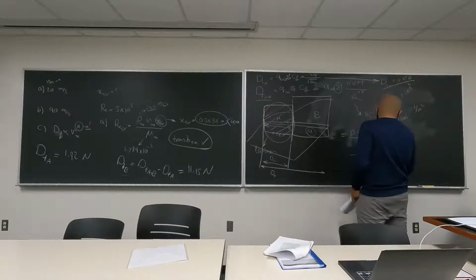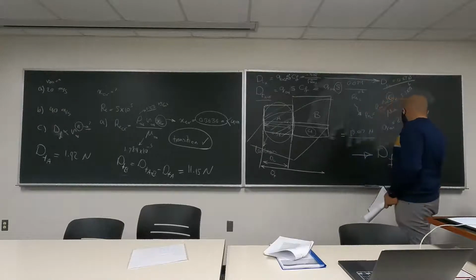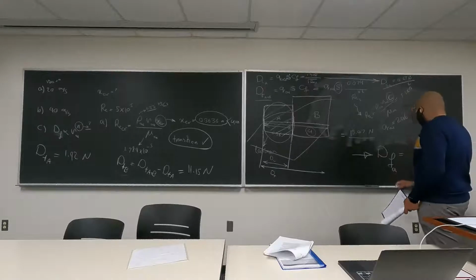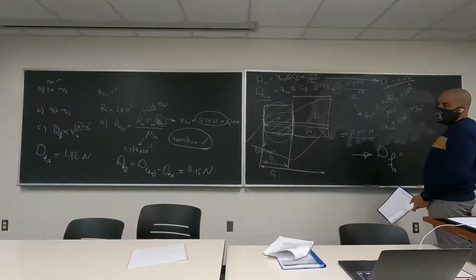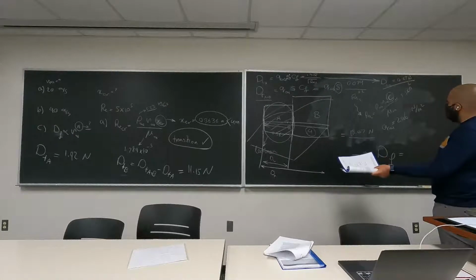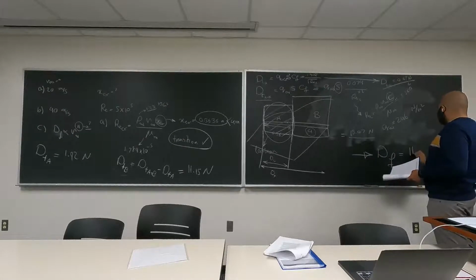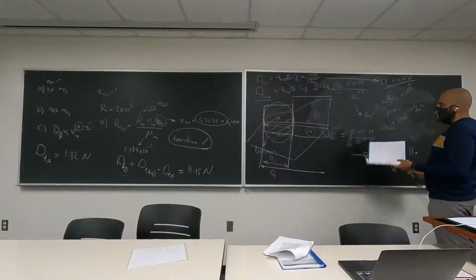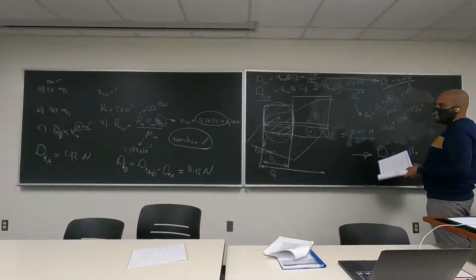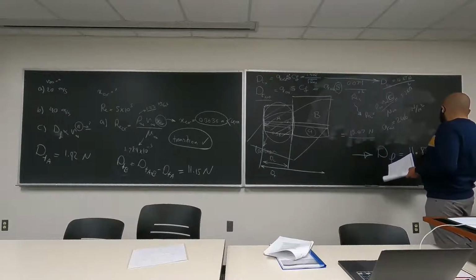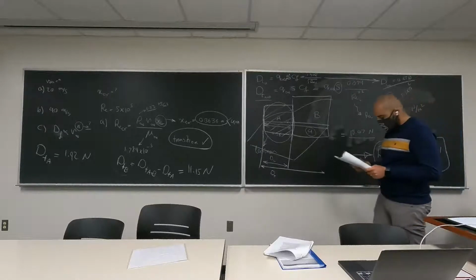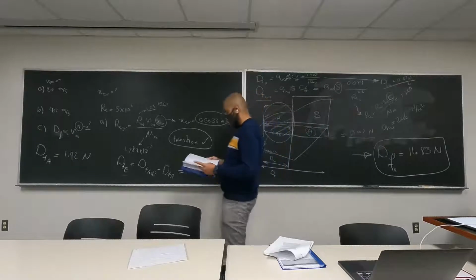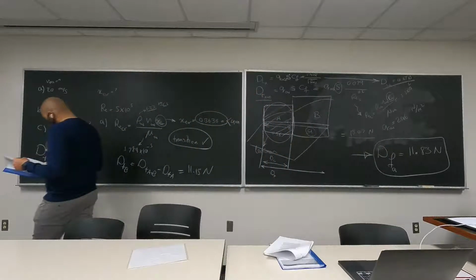So total friction drag of part A is going to be 11.15 plus 0.67, which is going to be 11.82, right?